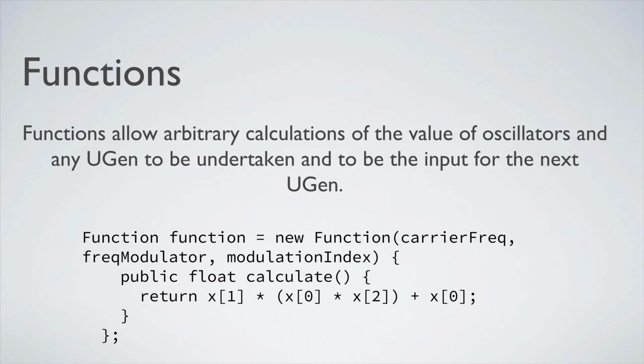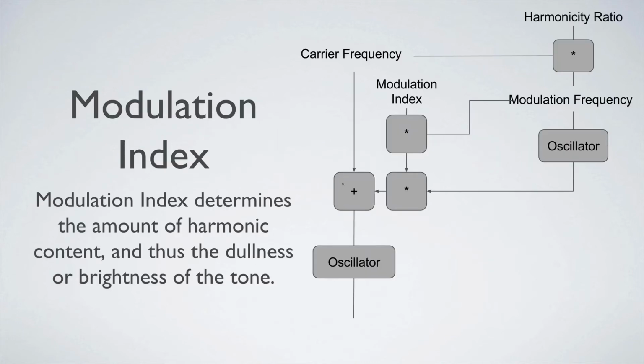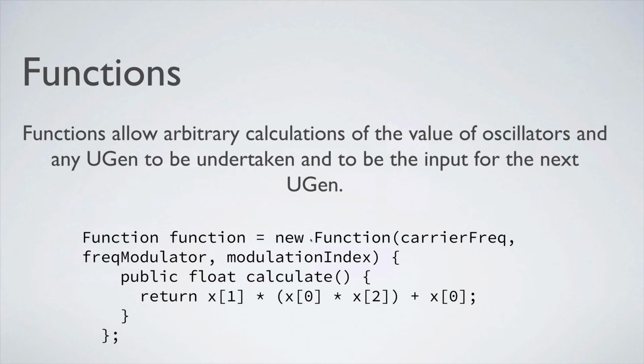So just to follow up on that functions section, a function is a Eugen that takes as many Eugen arguments as you wish, and then you override the calculate method, specifying x0 for the first Eugen, x1 for the second Eugen, and x2 for the third Eugen.